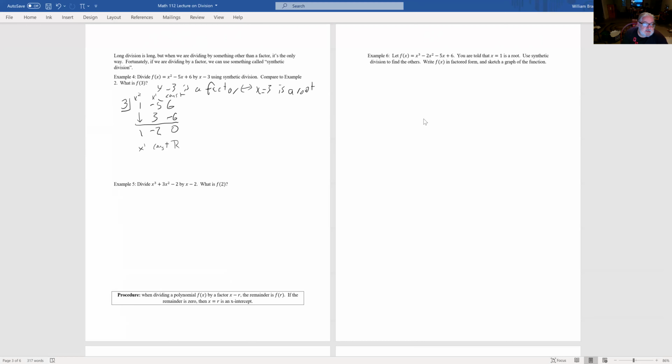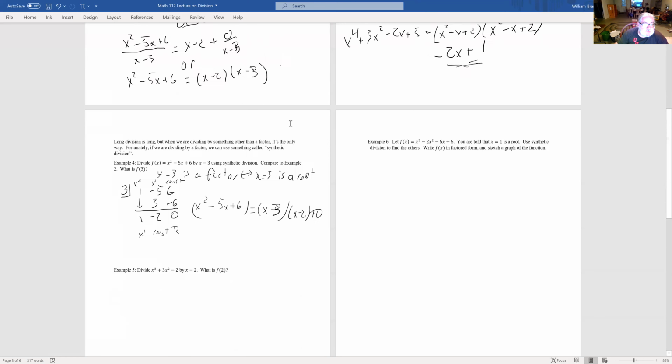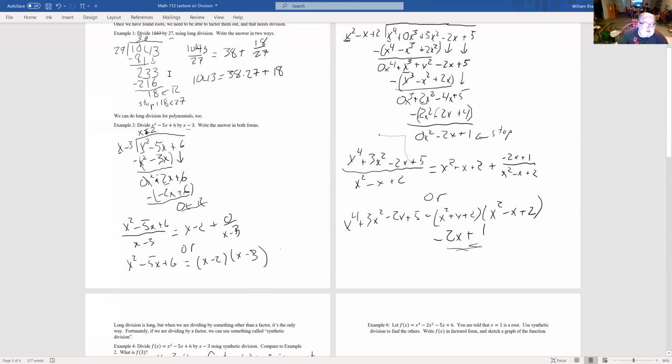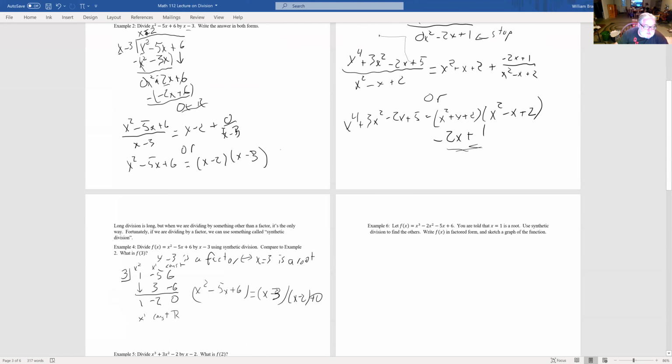And so this is telling me that x squared minus 5x plus 6 is x minus 3 times x minus 2, plus 0 remainder.